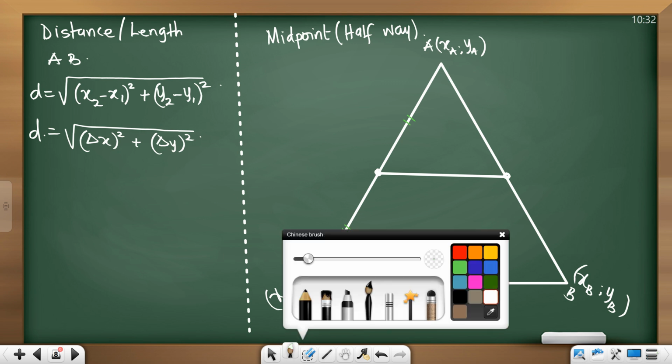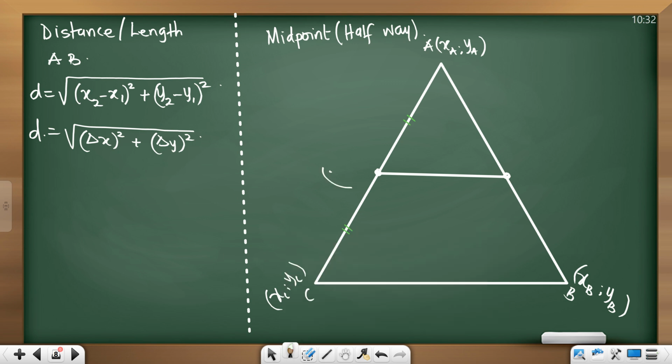What are we going to have here? XA plus XB over 2, YA plus YB over 2. Does that make sense to you? Halfway. So we add the coordinates.